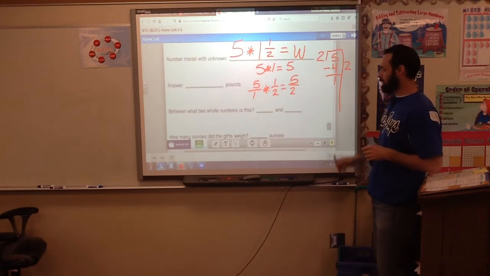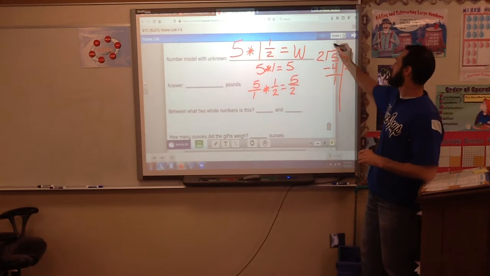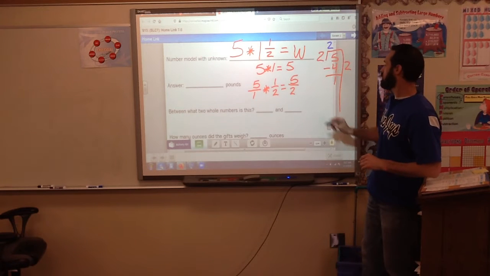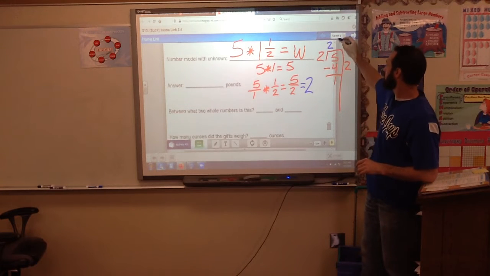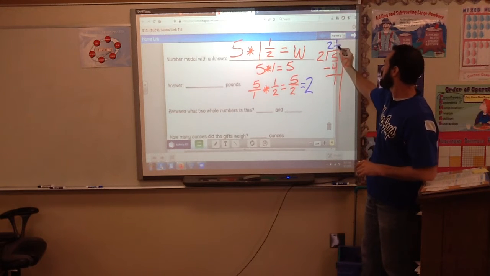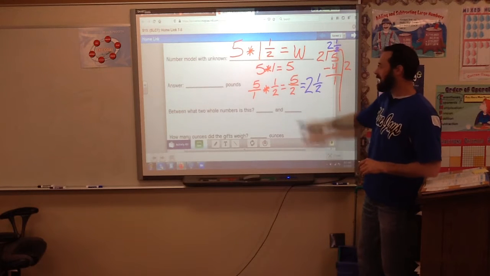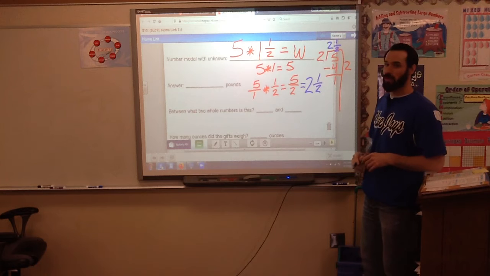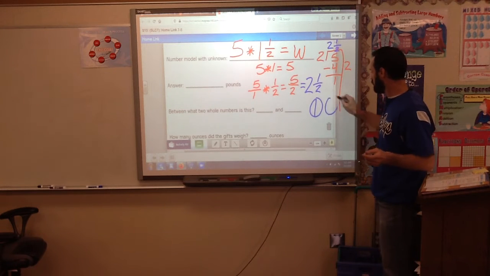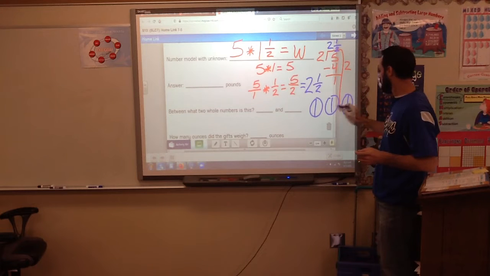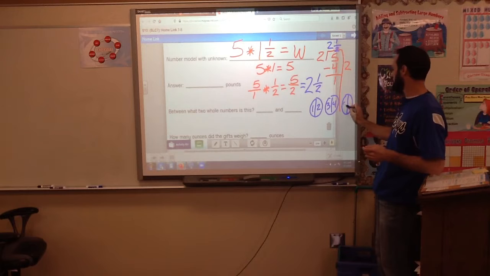Okay, so when we write our answer for this, your whole number is right here, 2. So 5/2 equals 2, your numerator is 1, and your denominator is 2. 2 and 1/2. To show you that as a picture, 1/2, 2/2, 3/2, 4/2, 5/2.